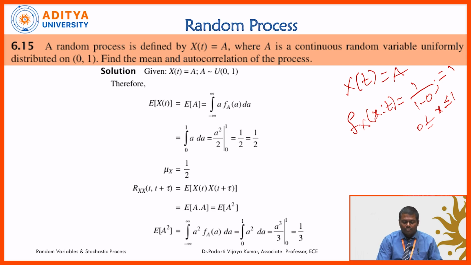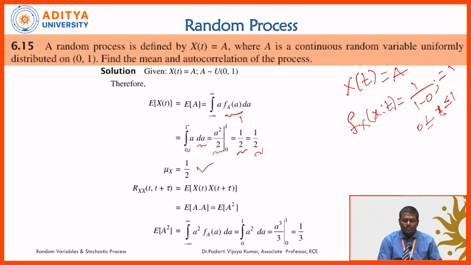Now, f of A is simply 1. The limits are from 0 to 1, A into 1. Integration of A, and this is a function of A and we are integrating with respect to A, gives A square by 2. Substitute the limits and you will get 1 by 2.